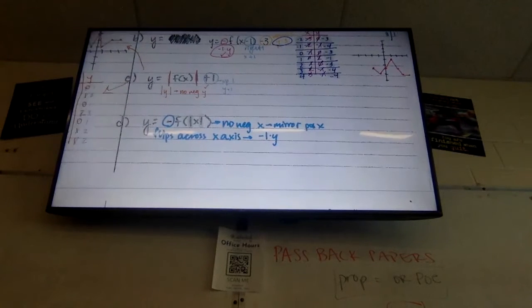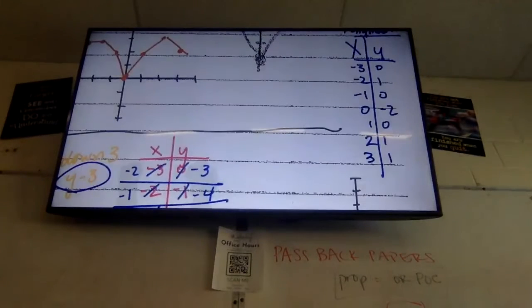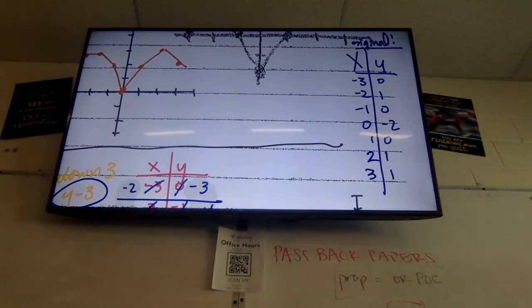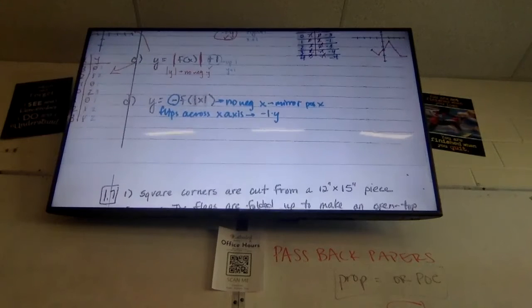So let's do this. Where's my original graph? Okay. Here are my original points. I've got so many points on here. What is not going to change in terms of my x's are my positive x's. So I'm going to do this group first. I'm going to take all of those numbers, keep my x's the same, and flip my y values.